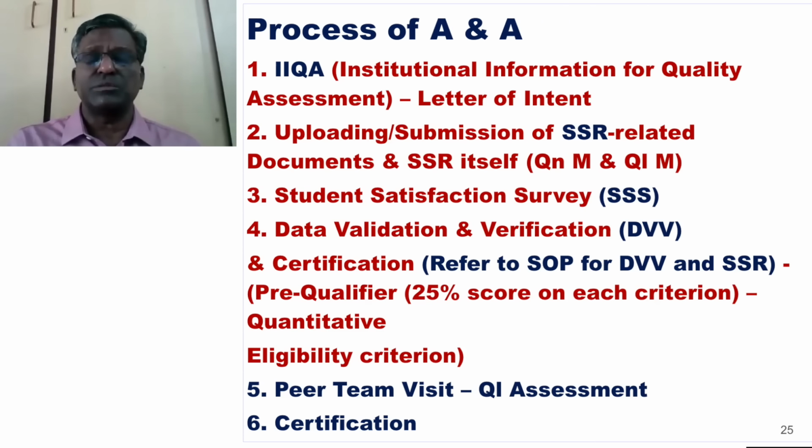So this is the most important slide as far as the third unit is concerned. I want you to remember terms like IAQA, SSR, SSS, DVV, and SOP, standard operating procedure, and all these procedures are available on the NAAC website.